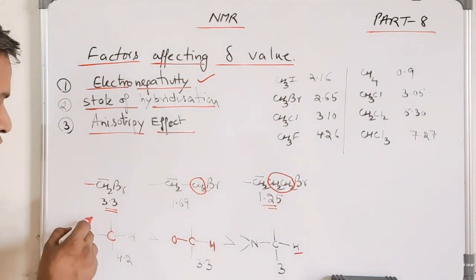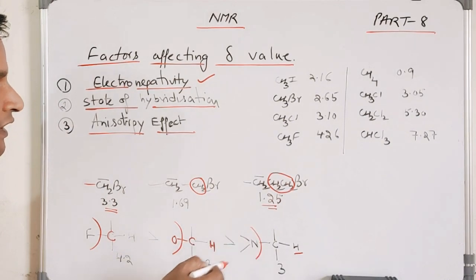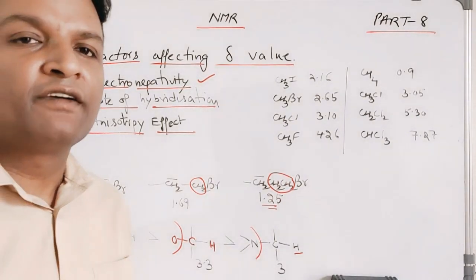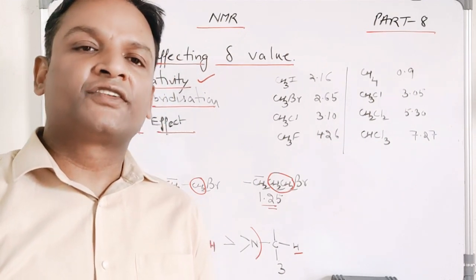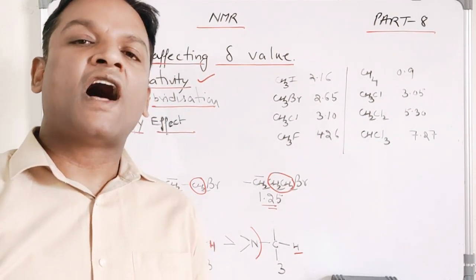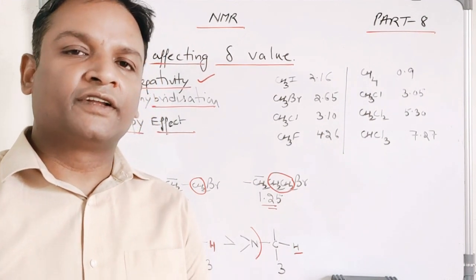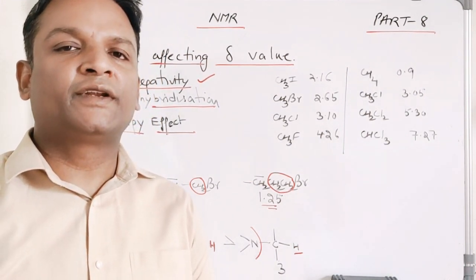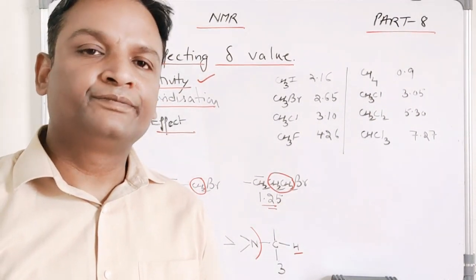So as you can see, fluorine is the most electronegative element, then oxygen, then nitrogen, and hence this should be the order of delta value. The higher the electronegativity, the higher should be the delta value. The higher the distance, the lesser should be the delta value. The higher the number of electronegative elements, the higher should be the delta value. These three considerations should be clear in all of our minds.